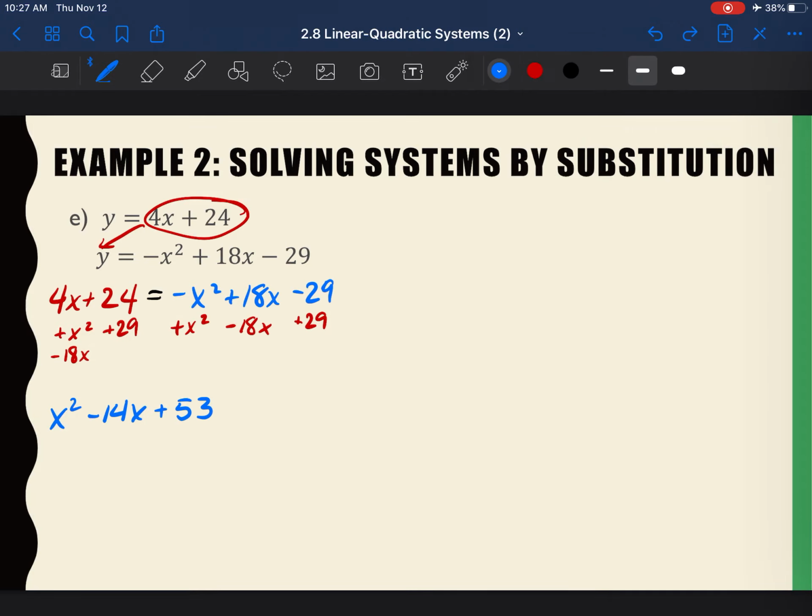So here's what I'm going to do. I'm just going to set this equal to 0 and use the quadratic formula on it so you can see what would happen in that case. So then quadratic formula, x equals, opposite of b would be positive 14 plus minus the square root of 14 squared is 196 minus 4 times 1 times 53.